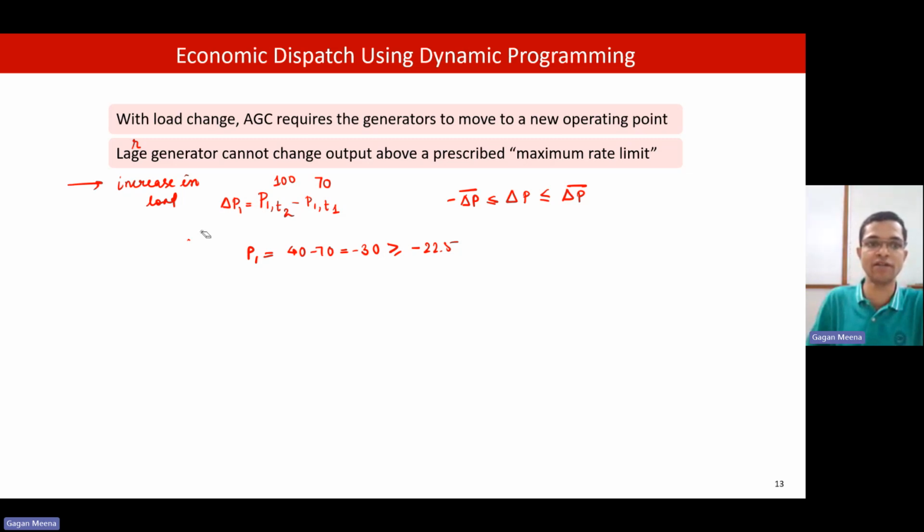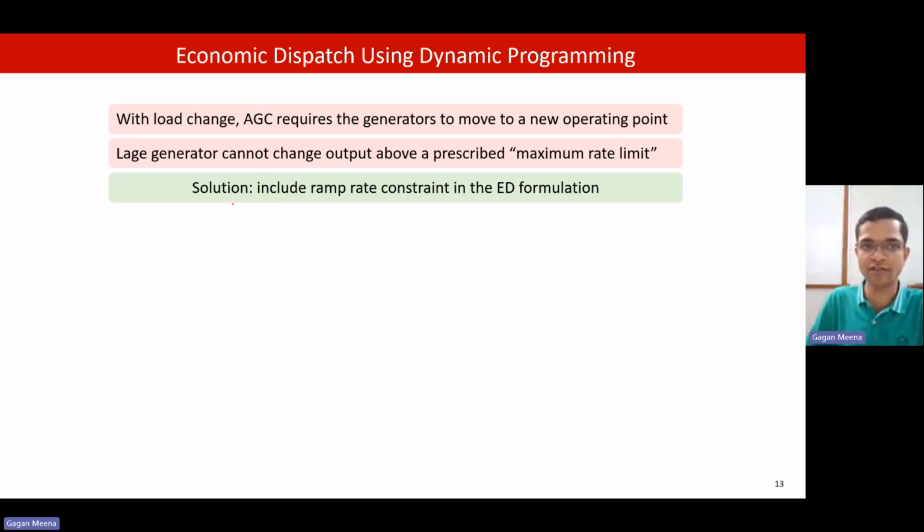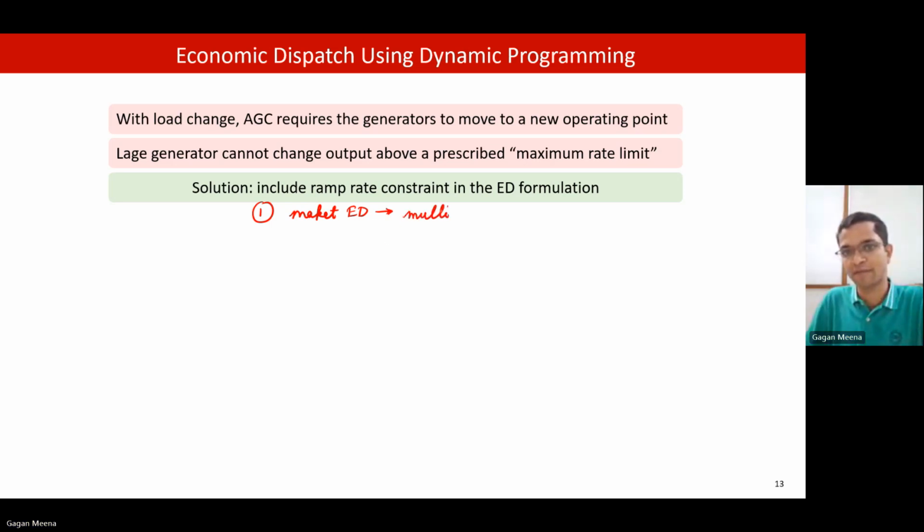So what is the solution? How can we overcome this? The solution is two steps. One is first to make the ED problem go from a single time step to multi time step, for the entire day.